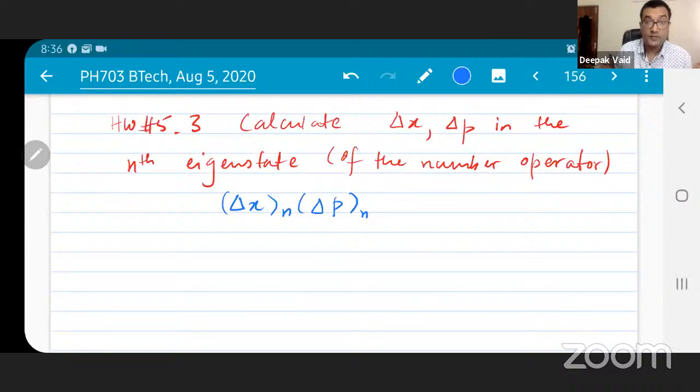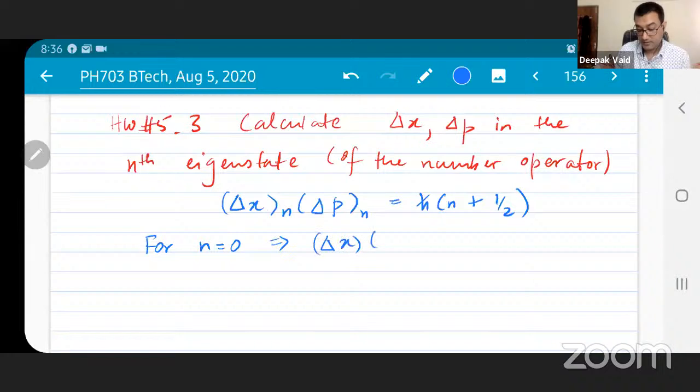Well, no, not h bar by 2. It will come out to be equal to h bar times n plus 1/2. Right? Now you can see that for n equal to 0, delta x, delta p is equal to h bar by 2, right?